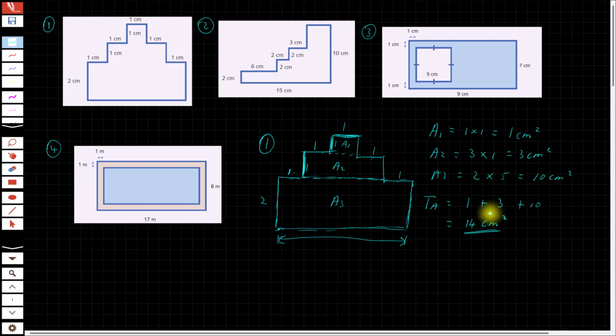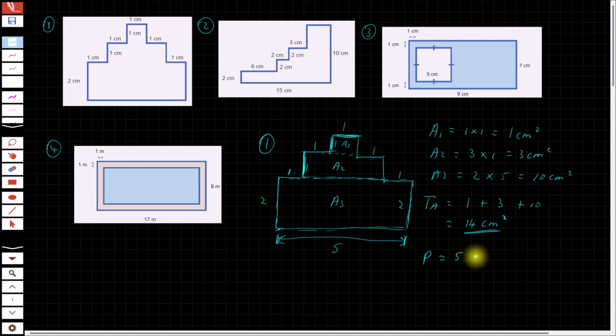Now let's calculate the perimeter, P. We know this distance here to here is 5, we calculated that before. And we know the distance of this one is 2, because it's the same as this one from there to there. So we just add up all these numbers. So let's start from the 5 and go anti-clockwise.